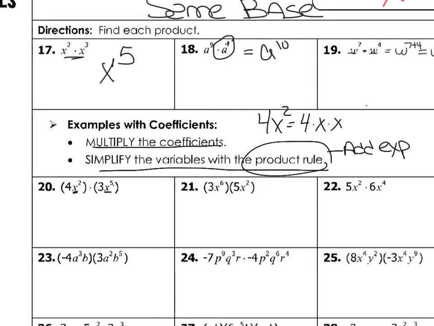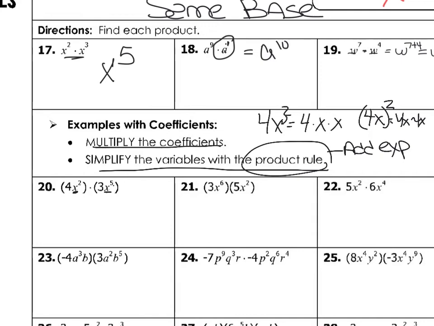It does not mean 4x times 4x. Unless the square is outside of parentheses, it's only going with what's right there underneath it, the x. The 4 is not being squared.